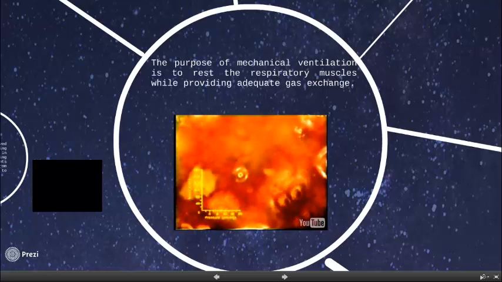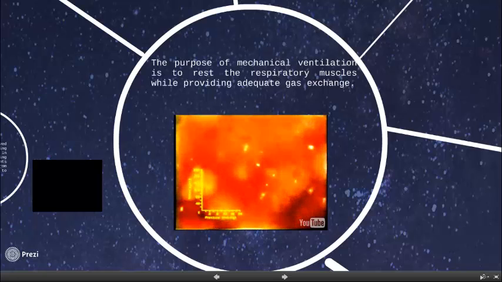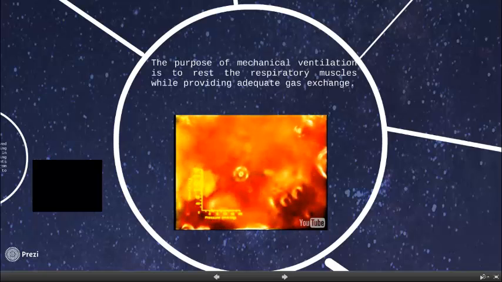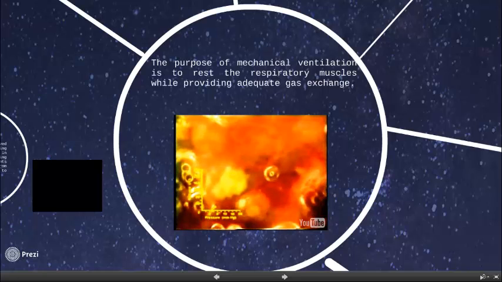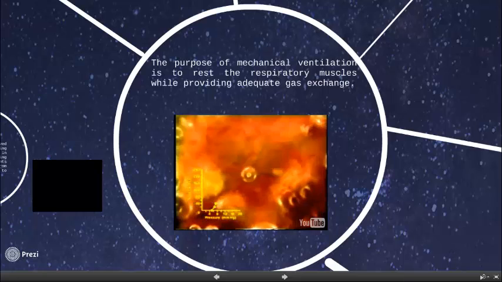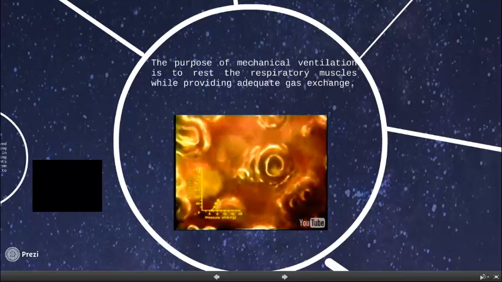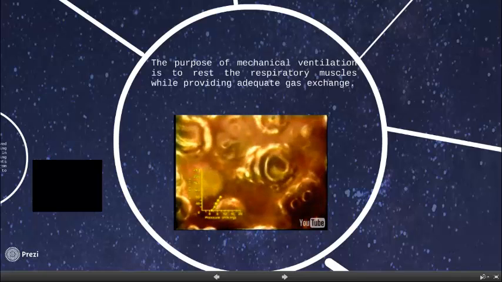Here we will see the effect of a similar recruitment maneuver in the lung injured by tween lavage. All alveoli in this area of lung are totally collapsed so that no distinct alveoli can be seen. Note that as the lung is inflated, alveoli begin to pop open and recruit. Alveoli will continue to recruit throughout the inflation cycle. Once open, alveoli do not increase greatly in size.